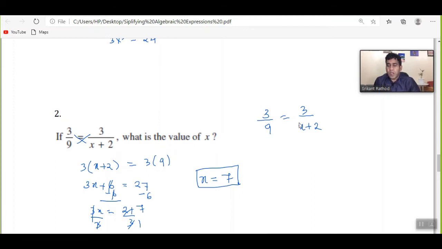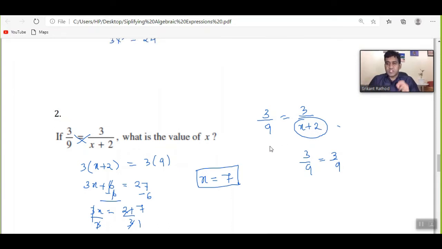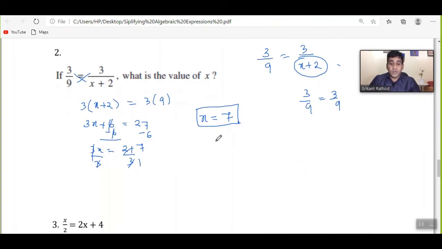How can this term be equal to 9? You can consider the value of x as 7. 7 plus 2 makes 9. So then it becomes 3 by 9 equal to 3 by 9, right? So here we can say the value of x is 7. This is how you can solve in a competitive exam, as time is an important factor there.